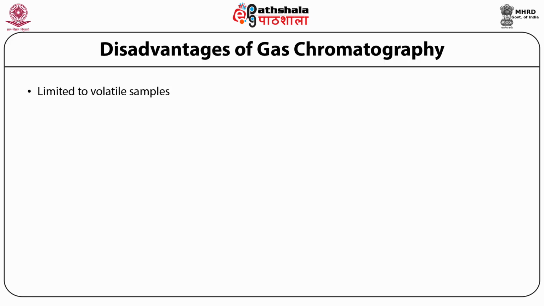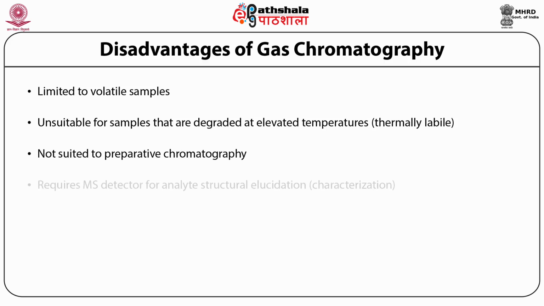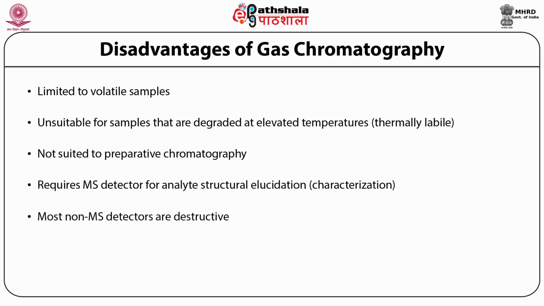GC is limited to volatile samples only. It is unsuitable for samples that are degraded at elevated temperatures, that is thermally labile substances. It is not suited to preparative chromatography like HPLC. Gas chromatography requires MS detector for analyte structural elucidation, that is characterization, as most non-MS detectors are destructive.